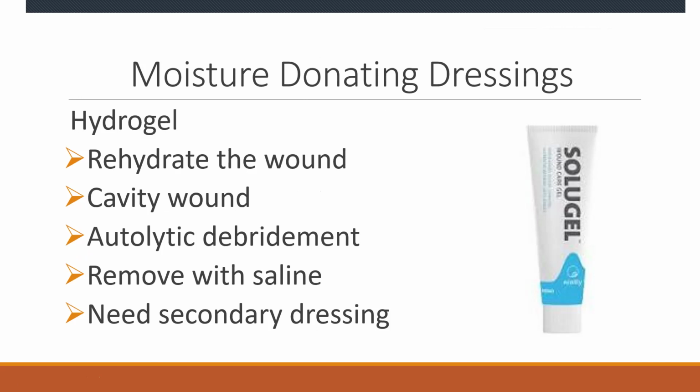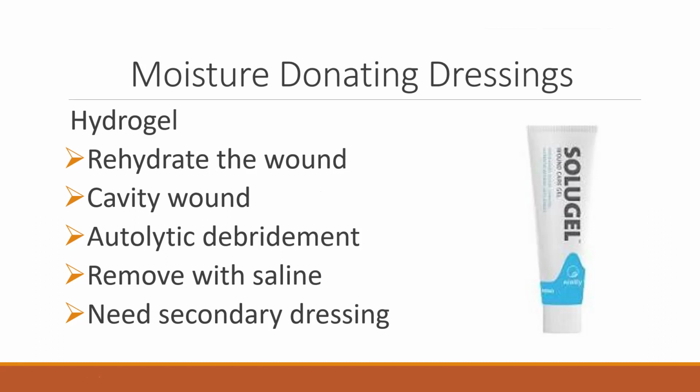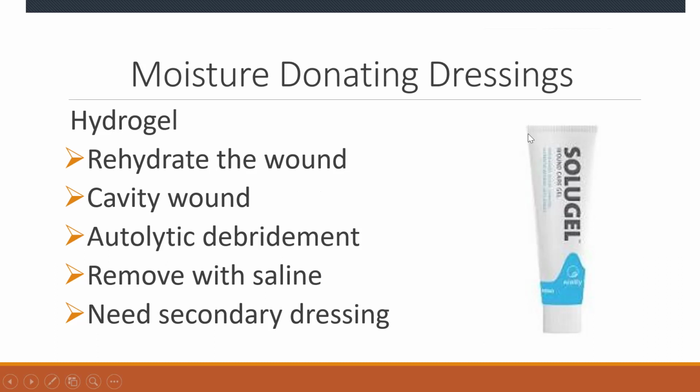OK, moisture donating dressing. Because some wounds can sometimes be a little bit dry, if you don't put any moisture donating dressing, the wound won't heal properly. Normally for hydrogel, the brand is called Solugel.